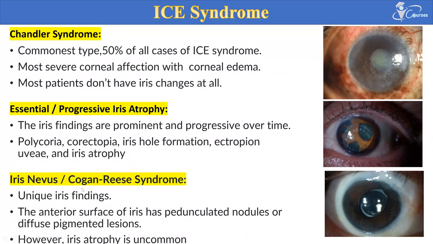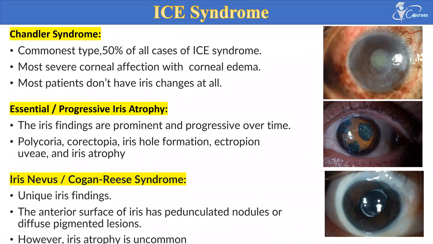For the mammillated surface, it will be Cogan-Reese syndrome. For the diffuse pigmented lesion, it will be the iris nevus syndrome. In those patients, iris atrophy is uncommon. You may find again the beaten bronze appearance, and with this characteristic picture, you will diagnose iris nevus or Cogan-Reese syndrome. Okay.